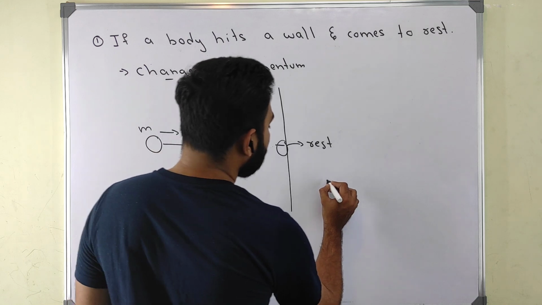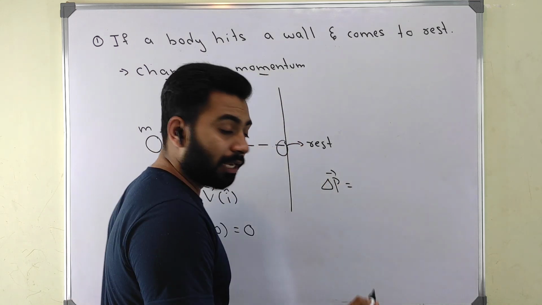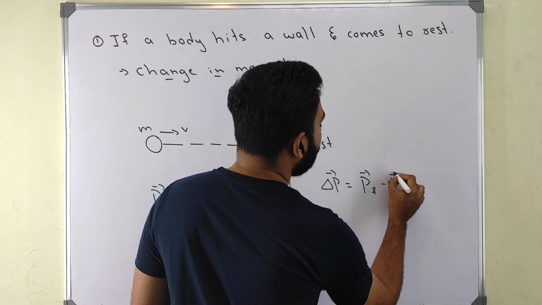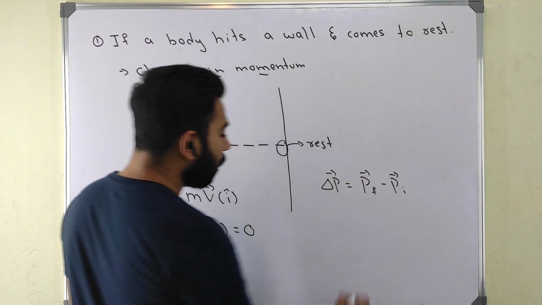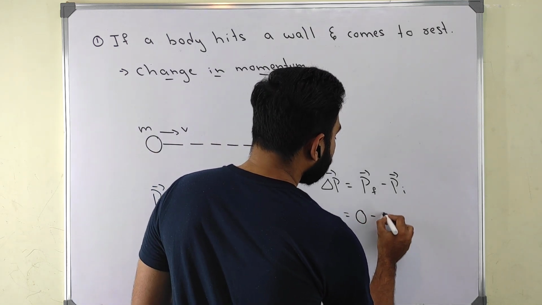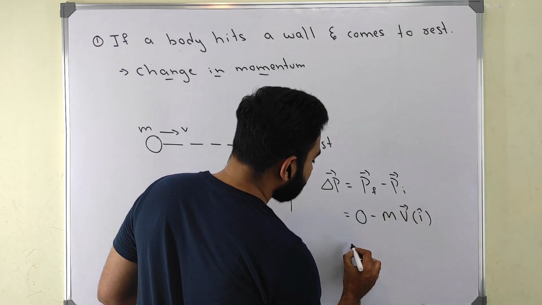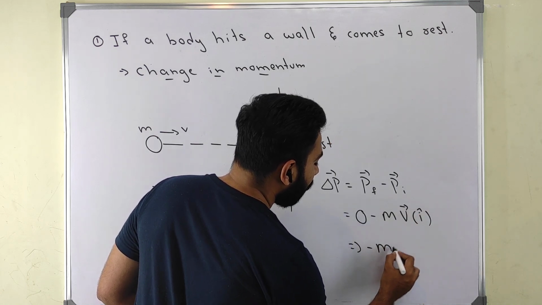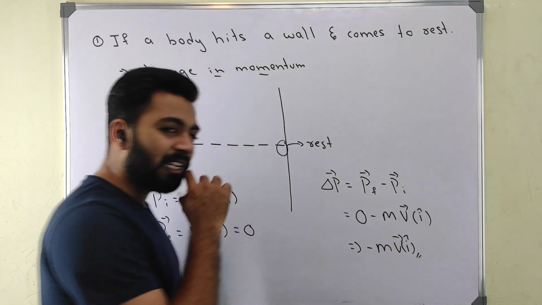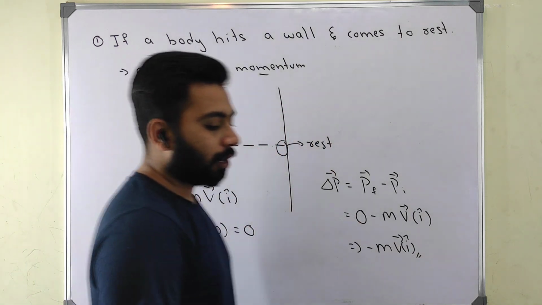Now, if you ask me what is my change in momentum, it is final momentum minus initial momentum. Here my final momentum is 0 minus my initial momentum m v i cap, which means my change in momentum is minus m v i cap. Okay, it is my change in momentum when the body hits the wall and comes to rest. Write down fast.